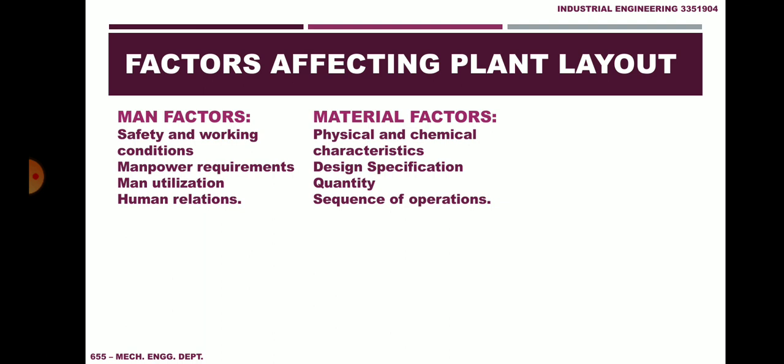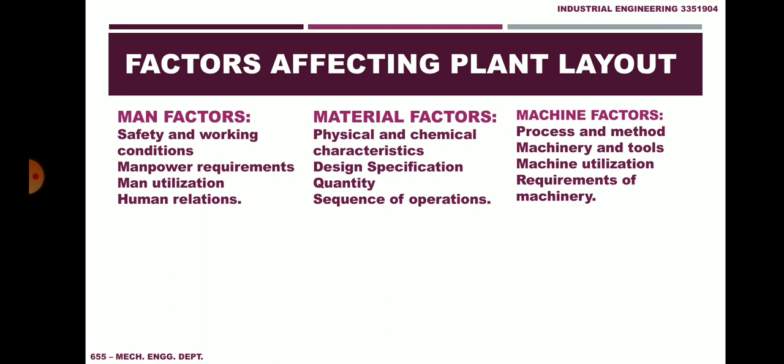So as per that good design, we can make different types of product. Quantity also affects plant layout because of raw material storage, processing machines, and finished product storage. Sequence of operation: how many machines and laborers are required for such type of operation.